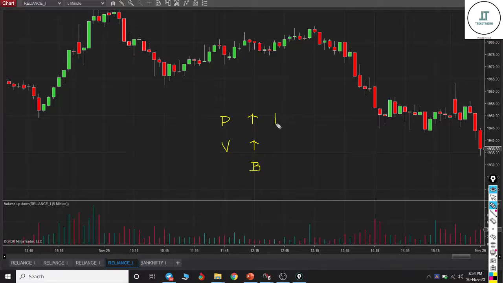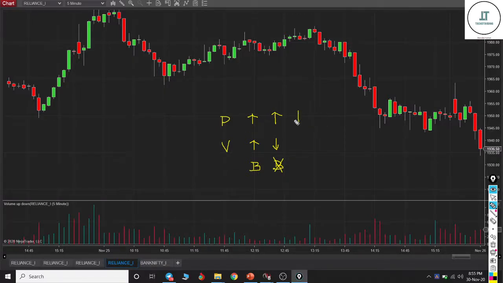If price moves up and volume comes down, this tells us buyers are not showing much interest. When I say buyers, I mean strong buyers are not showing interest in the current up move.